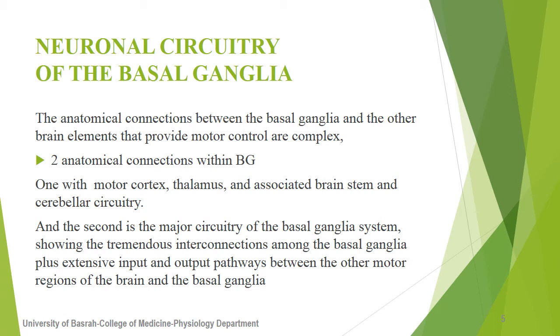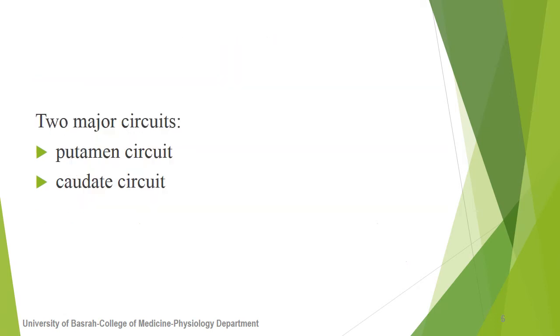So in this lecture we will focus on the second type of neuronal circuit. The basal ganglia is the major part, with the cortex, forming this circuit or neuronal pathway. Of course, we have many circuits even within the basal ganglia between different nuclei, but we will focus on two major circuits.